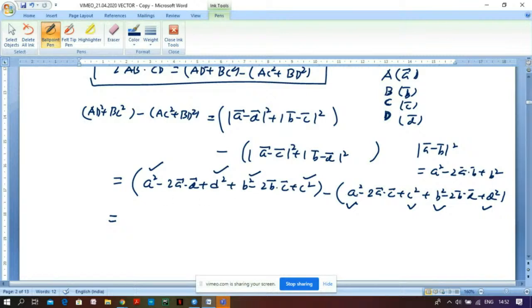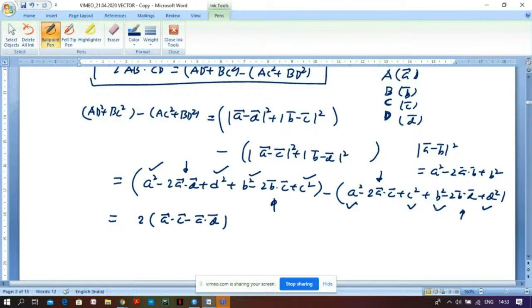And what you're left with is a big 2. So this is 2A dot C, with a plus sign. I'll write 2 outside, you get A dot C minus A dot D, that is combining this term and this term. And then what is left is this one and this one.